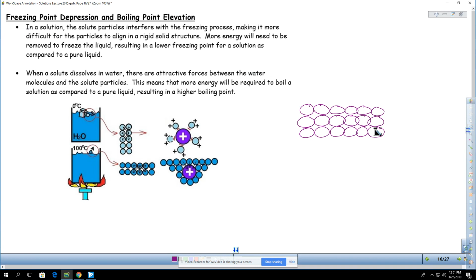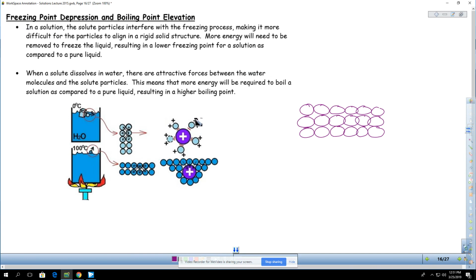Well, now we know that in a solution, let's say it's salt water, sodium chloride dissolved in water, the sodium chloride will dissociate so that really you've got three particles swimming around in the beaker. You've got water molecules, but then you have individual sodium ions and individual chloride ions. And we know that they're attracted to each other, like this diagram showing a water molecule with a positive end and a negative end.